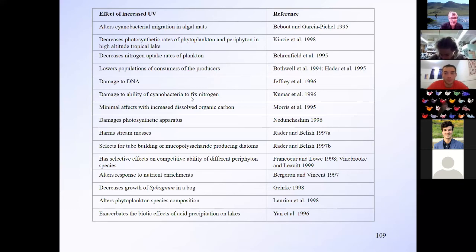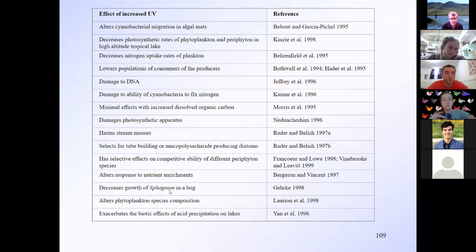There's a whole bunch of other things, like more ability of cyanobacteria to fix nitrogen. If there's a lot of dissolved organic carbon, it absorbs UV in the stream or in the lake, so there's not so much problem. It hurts mosses. It changes the community structure, so you can see all these things that have effects. Some of them could be global, like growth of sphagnum in a bog.